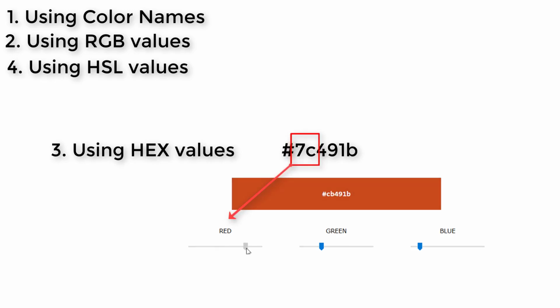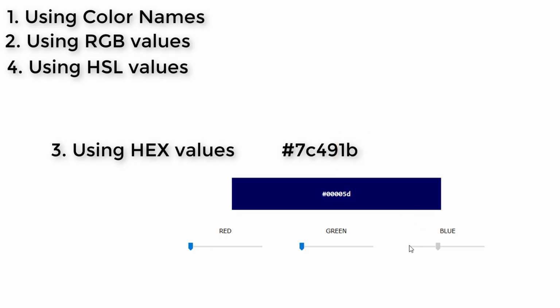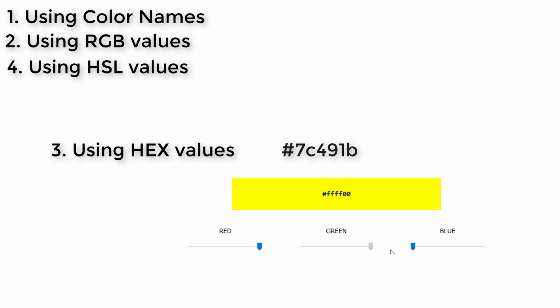The first 2 characters represent red color. The second 2 characters represent green color. And the last 2 characters are for blue color. The minimum value of a color is 0 and the maximum value of a color is F.